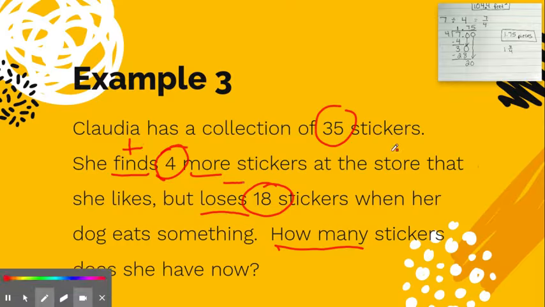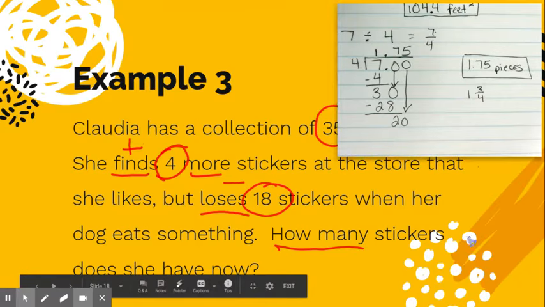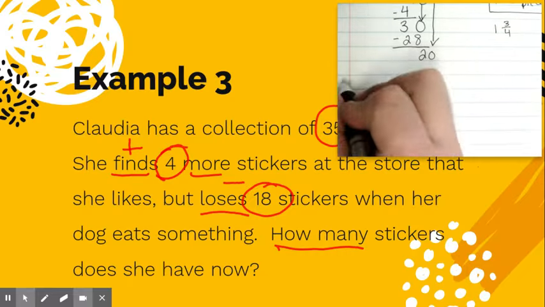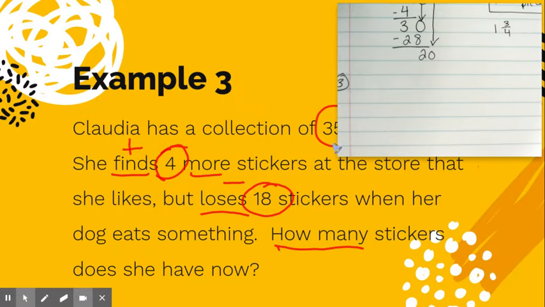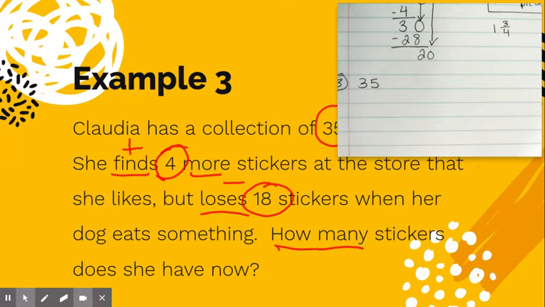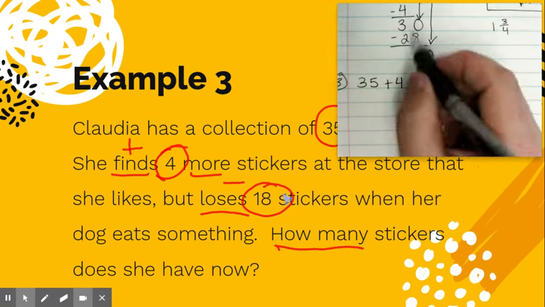First let's look at what we need to do. Number 3: how many did she have? 35 first. And then she adds on 4 more and then loses 18.